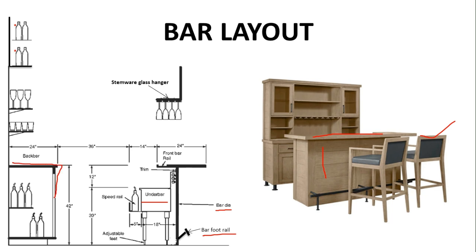We can keep the fridge there for things which need to be chilled, and on top we can keep the glasses and display bottles. So these are the main parts of a bar: the front bar, the back bar and the underbar.